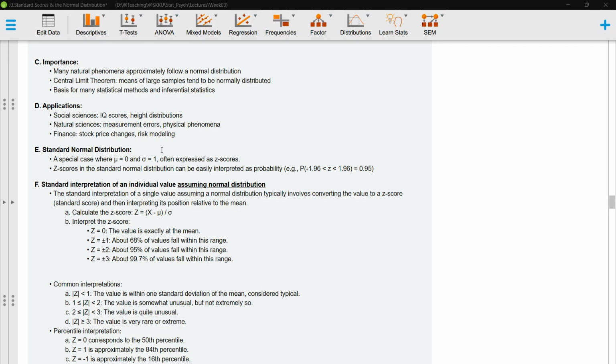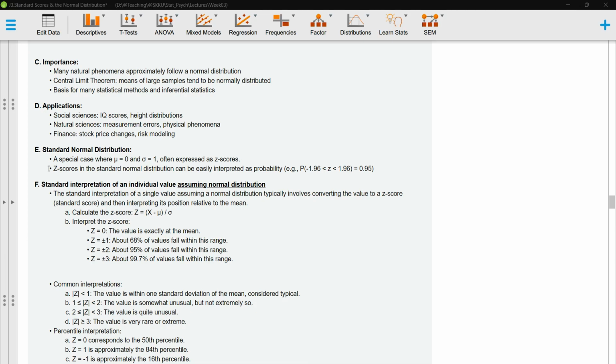But if we have a mean of 0 and a standard deviation of 1, this is the standard normal distribution. So this is a special case where the mean is equal to 0 and the standard deviation equals 1. Because of these characteristics, we can express the values in the standard normal distribution using z-scores, right? In the unit of the standard deviation.